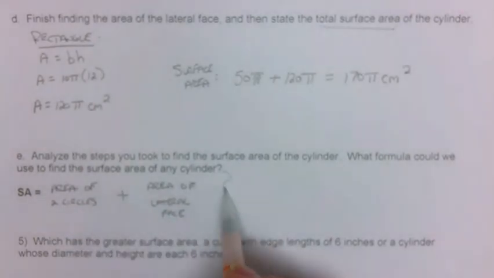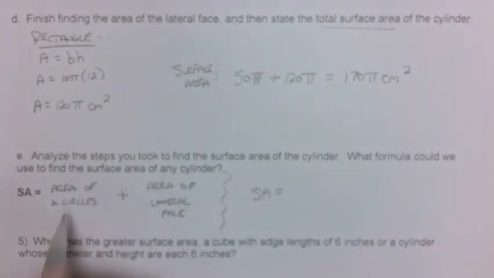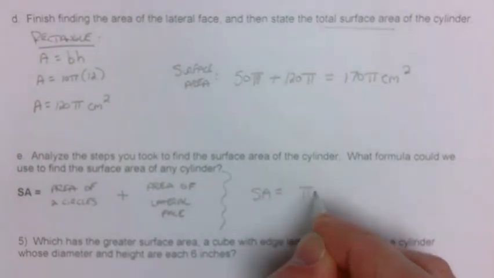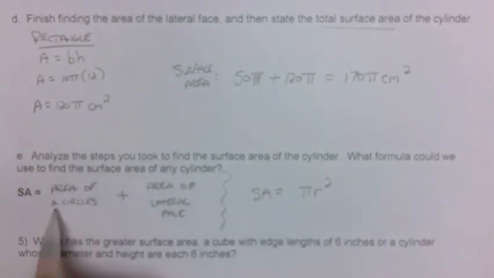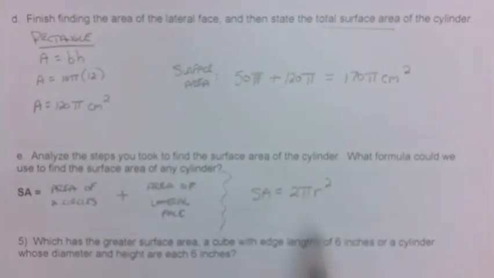So let's think about the calculations involved. Surface area for a cylinder. Okay, to get the area of a circle, remember that we need to do pi r squared, but then there were two of those, so we had to double it. So our surface area formula is going to start out with 2 pi r squared. Then I'm going to add to that the area of the lateral face.